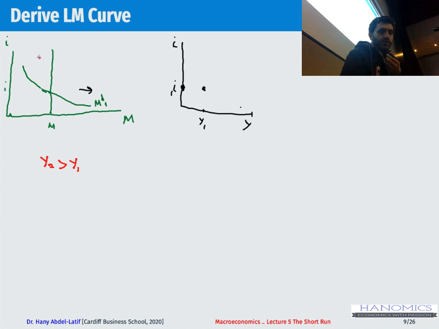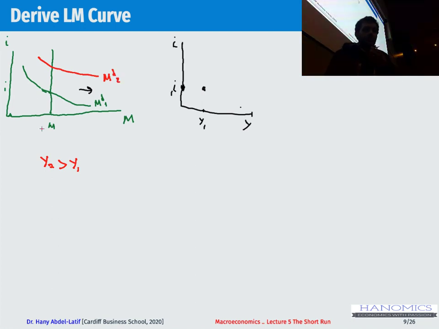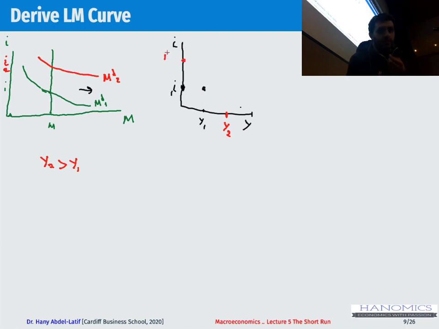We said this will shift the demand for money. Let's say this is the second one, MD2. We know now that Y2 is higher, so Y2 is going to be somewhere here, and the equilibrium interest rate is going to be here, so let's call it I2. That means this is at a higher point.